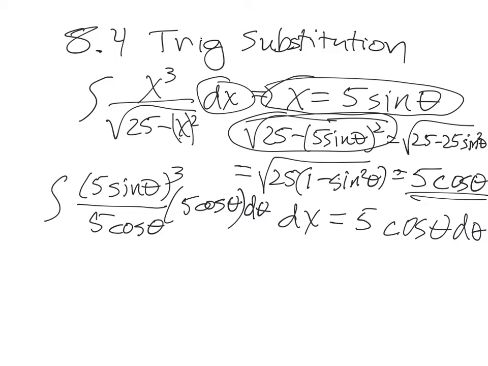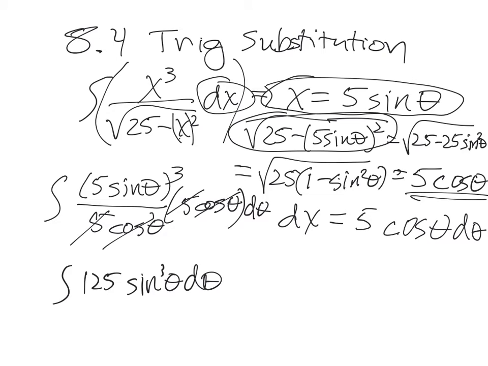And we've changed this integral into, well, 5 divided by 5, cosine divided by cosine. We've got 5 cubed, or 125, times sine cubed theta. Now, we still have a lot to do on this, but at least it's in a doable form.